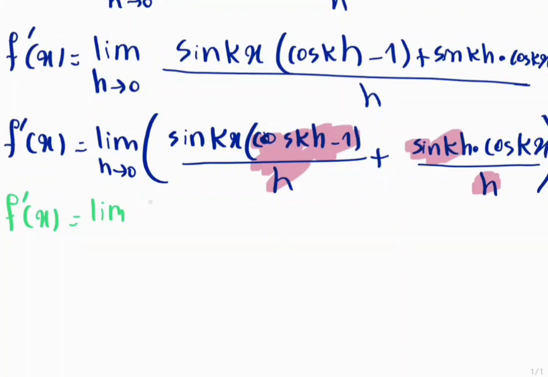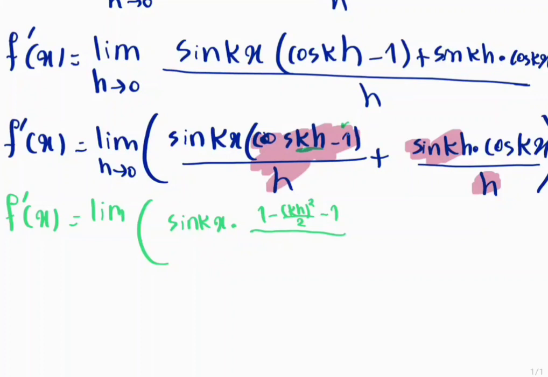So limit of sine kx times, now let's apply the small angle approximation for this highlighted bit. So cos kh, because kh is the thing that is going to be affected by the formula, so according to the small angle approximation here, we are going to have 1 minus k squared h squared over 2, minus 1.